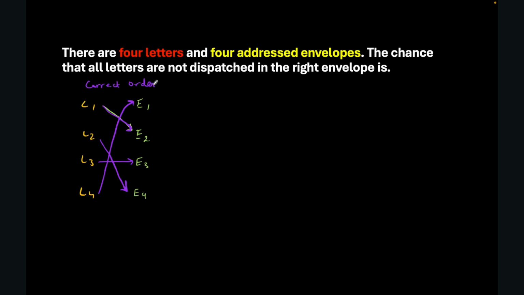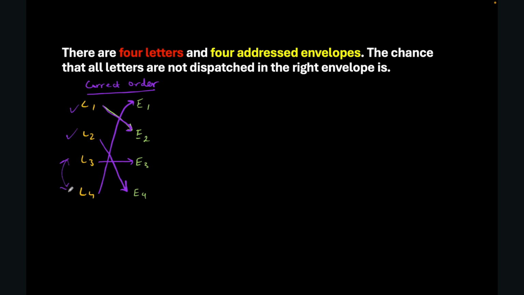But let's just assume that we were randomly putting them in, right? So we know for a fact that there is only one correct arrangement, right? There's only one correct permutation of how the letters can go into the envelopes. Let's say the first one is correct, the second one is correct, but these two are swapped.